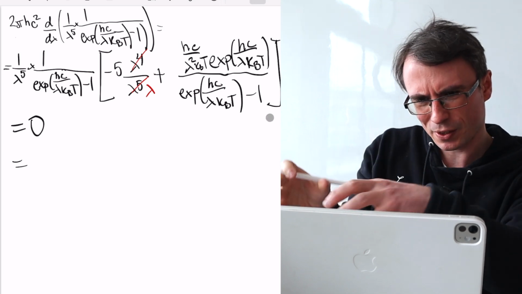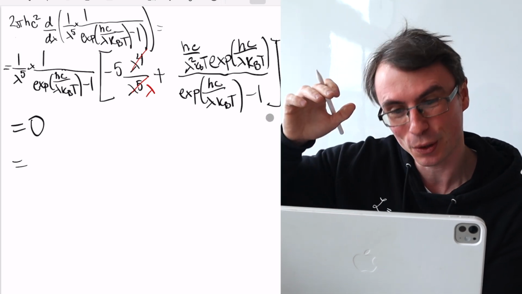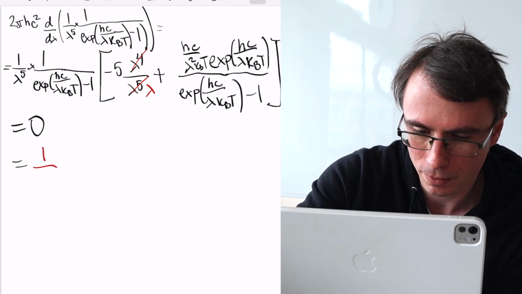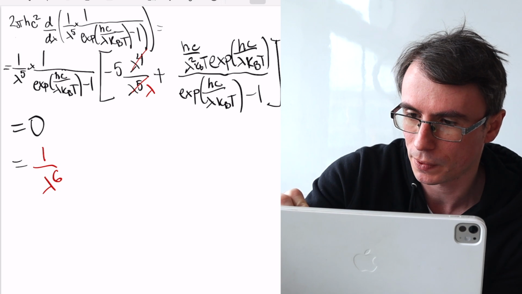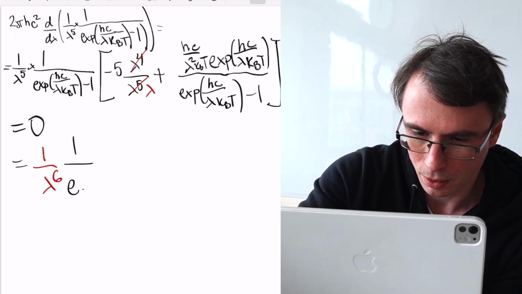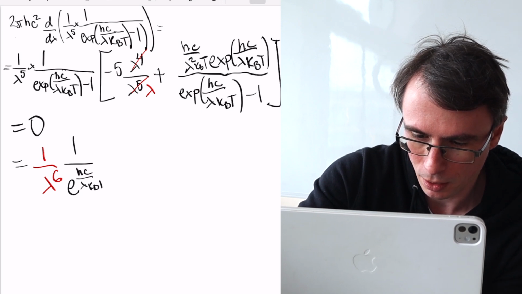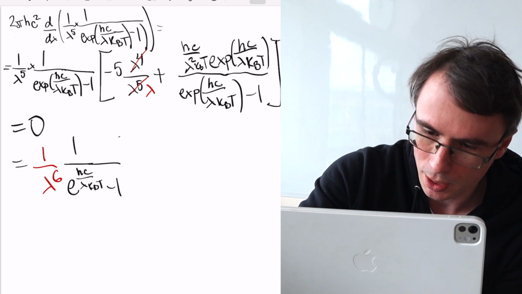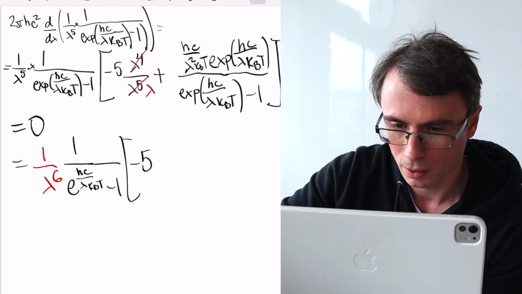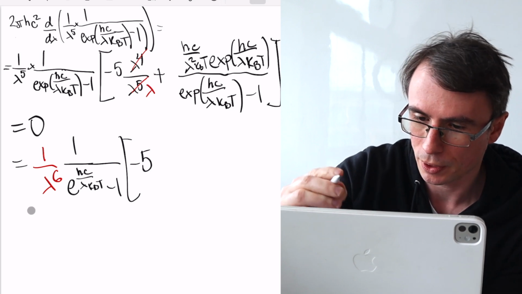So let's extract from the bracket a factor of 1 over lambda. So then I'm just going to write this in red over here. 1 over lambda to the power of 6. Then 1 over e to the hc over lambda kbt, take away 1. And then in the brackets, we're just going to have minus 5. We've taken that lambda onto the other side.